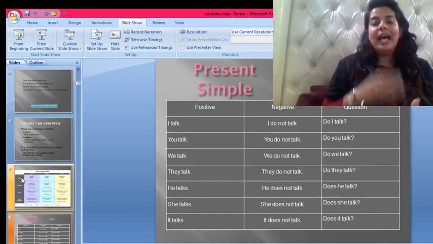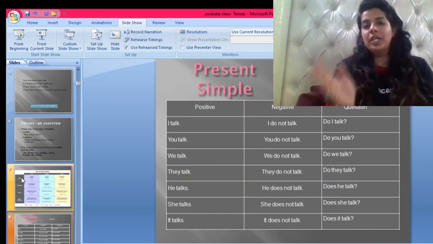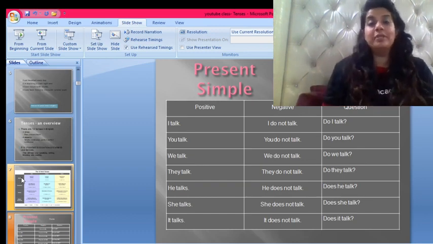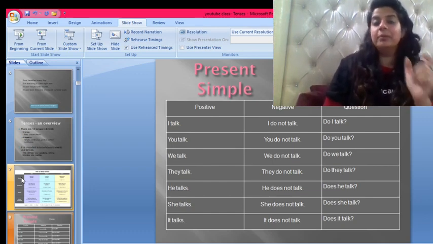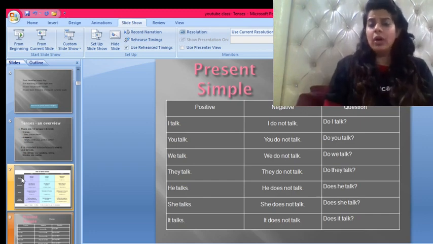Okay? And similarly, when we change the positive to negative forms, how does it differ from I, you, we, they? In that case, the helping verb was followed by not, such as we said, I do not talk, you do not talk, we do not talk, they don't talk.